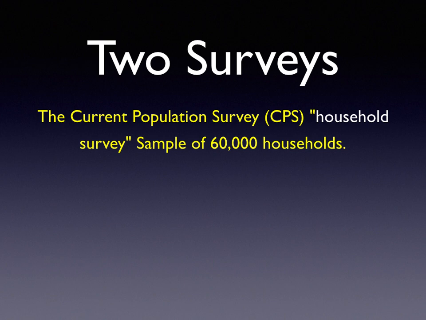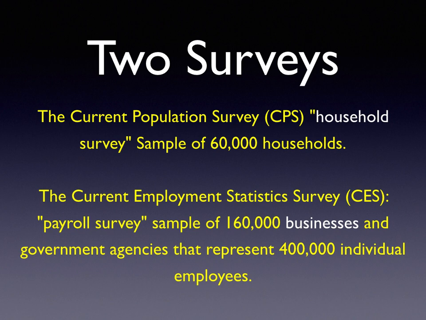The second is called the Current Employment Statistics Survey, a sample of 160,000 businesses and government agencies that represent 400,000 individual employees. A sample is conducted from that group to also estimate the unemployment rate and the labor force participation rate. Once again, remember there are two rates that we're trying to estimate.